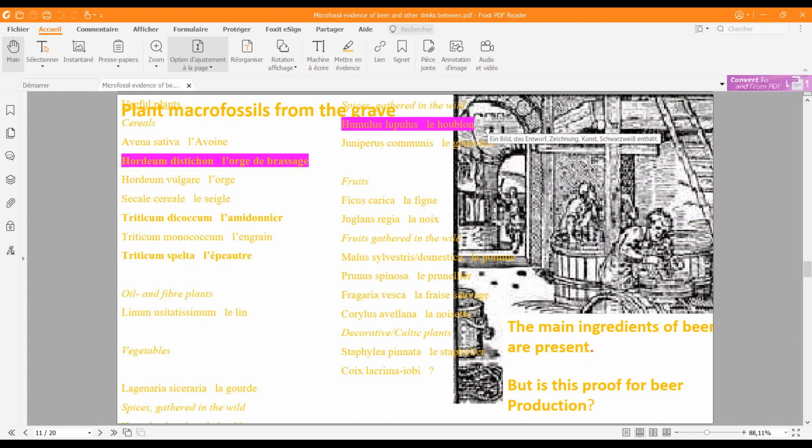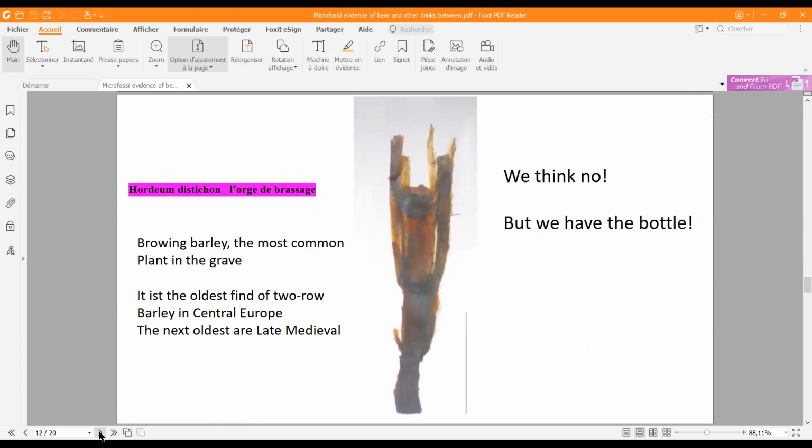Also common cereals were emmer and spelt, the most common. Okay, next, please. The question is: is the presence of naked barley and of hops a proof for beer brewing?